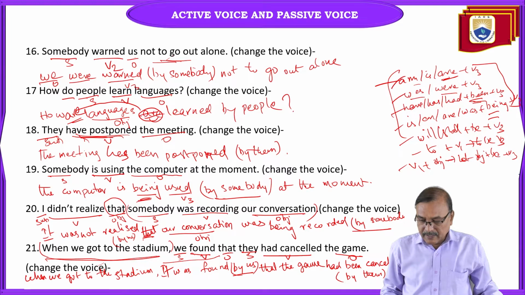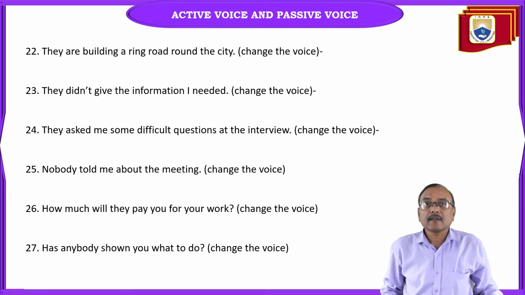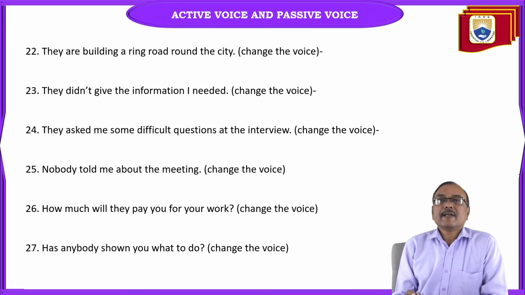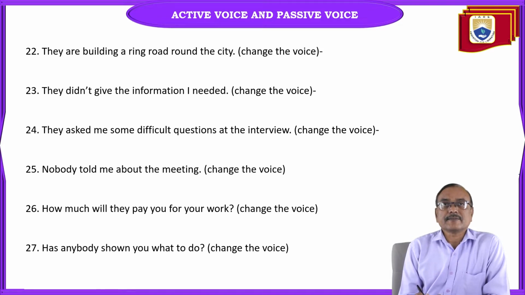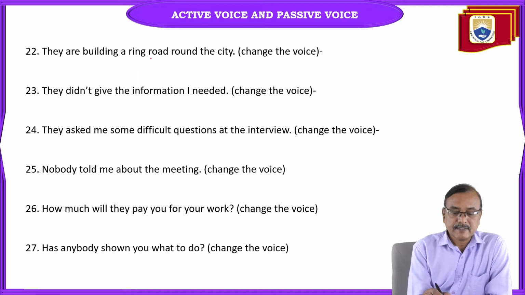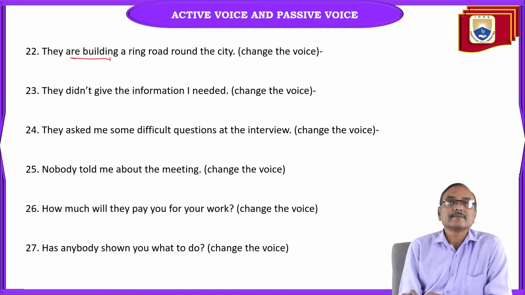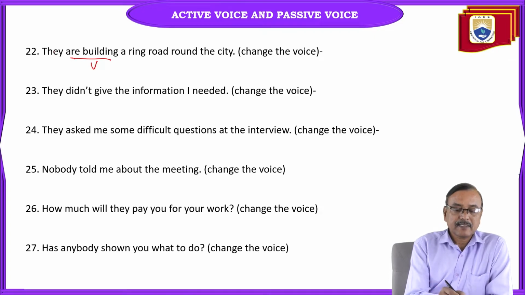Now here, let us see. Next. They are building a ring road around the city. So what is the verb in this one? Building, or are building. Subject is they.